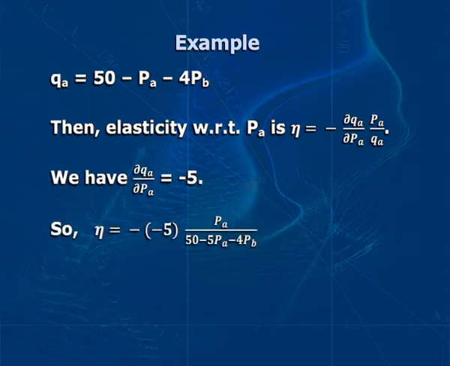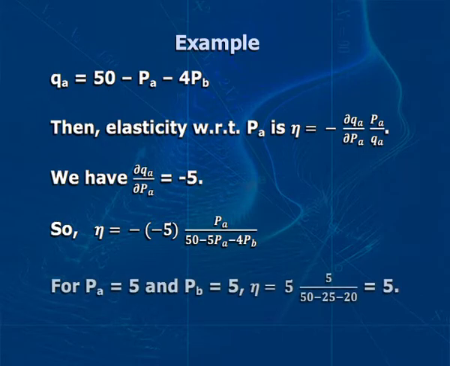So, eta is equal to minus minus 5 into PA upon 50 minus 5 PA minus 4 PB. For PA is equal to 5 and PB is equal to 5, eta is equal to 5 into 5 upon 50 minus 25 minus 20, which is equal to 5.